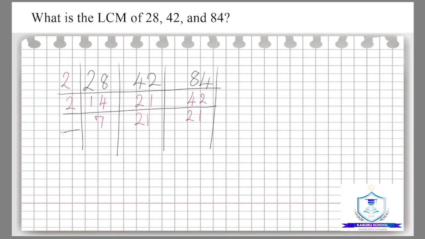Then we move on to the next step and ask ourselves which is that smallest number that can divide either 7, 21 and 21 without giving a remainder. So in this case we have 3 that can divide 21 and 21 and fail to give us a remainder.